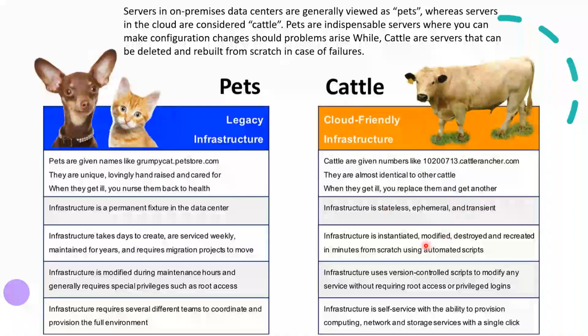Similarly here in the cloud, especially, the infrastructure has become very disposable. So you get them replaced whenever there is a problem. You get them deployed from scratch with the use of scripts, templates, and images. So we use the scripts, templates, and images to get the system up and running.